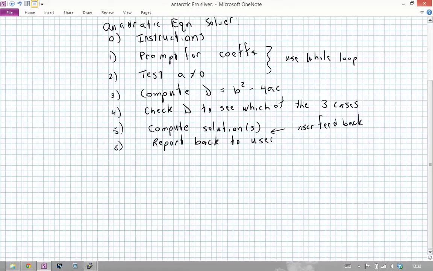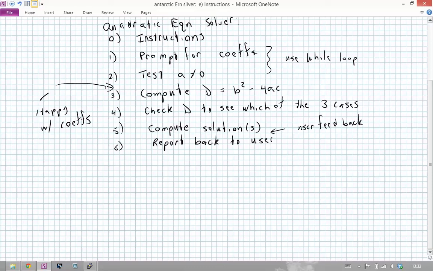So we'll use a while loop there, and we'll just keep going until we're happy. Which means when we get to step 3, a precondition for step 3 is we're now happy with the coefficients. That's a precondition before you actually go on and start computing things.